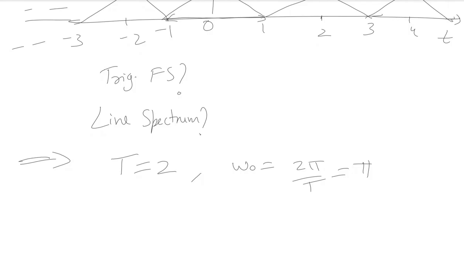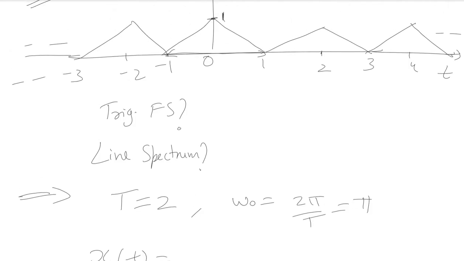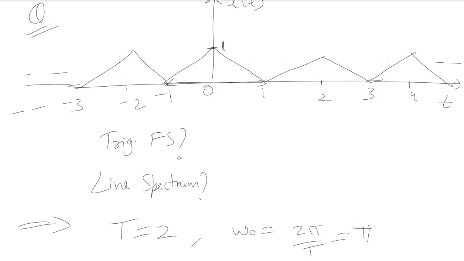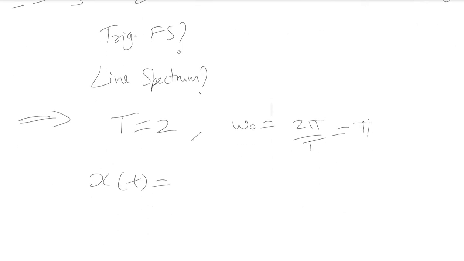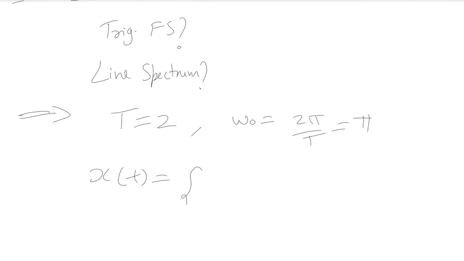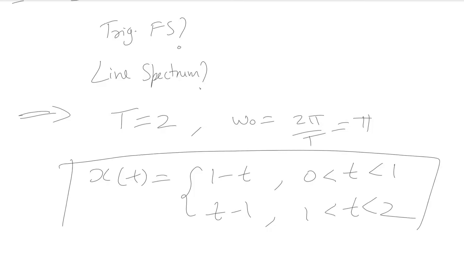Now we write down the analytical expression of x(t) in one time period, say 0 to 2. It is 1 minus t for t ranging from 0 to 1, and t minus 1 for t ranging from 1 to 2. This is the analytical expression of x(t).